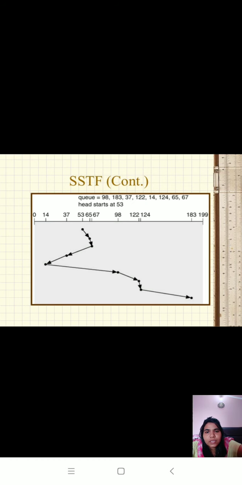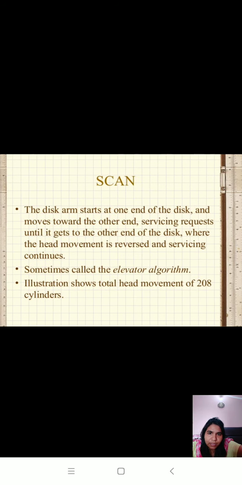Okay, so this is the process to find out the shortest seek time first. You have to practice one or more questions, then we can easily understand what is happening here.